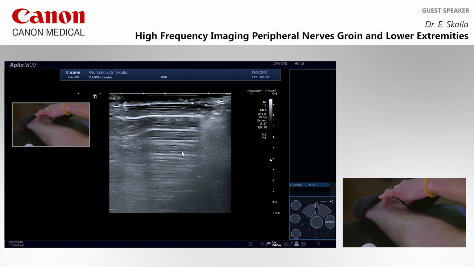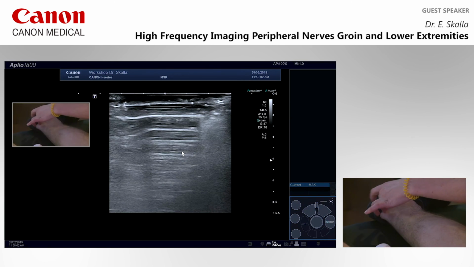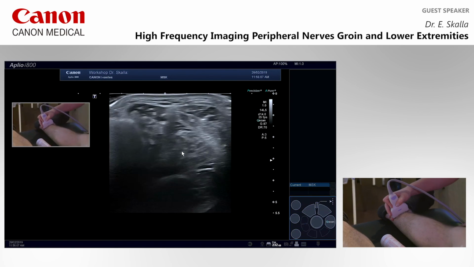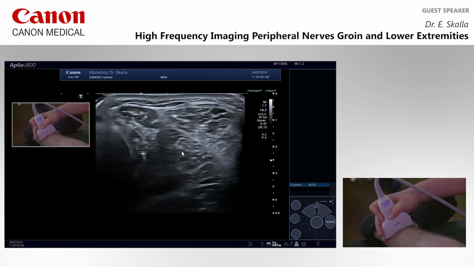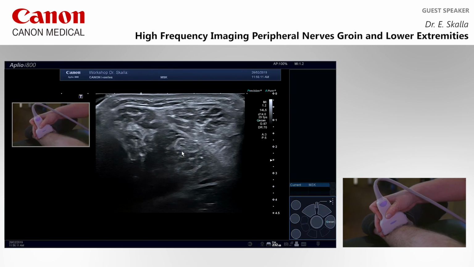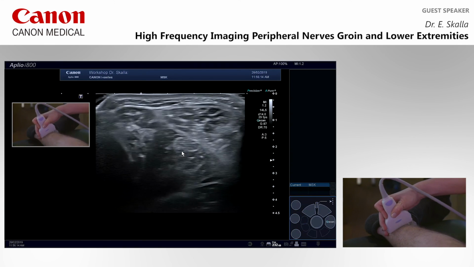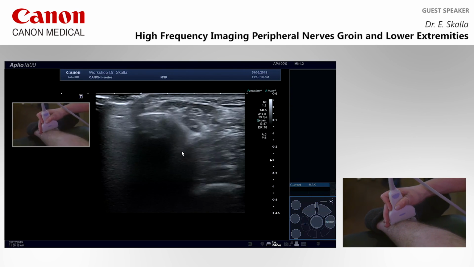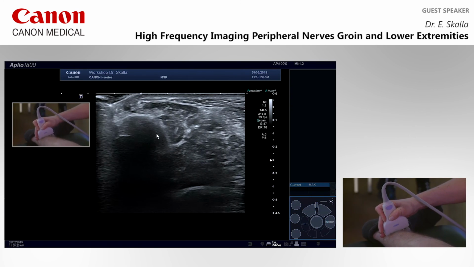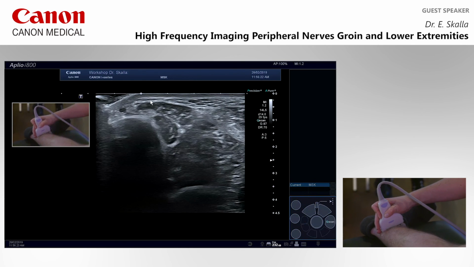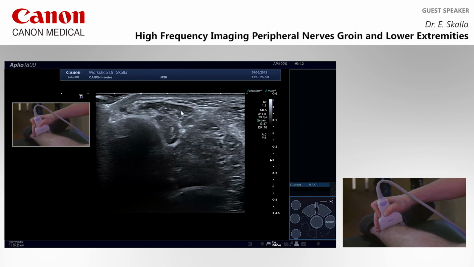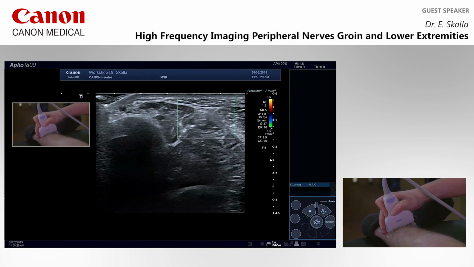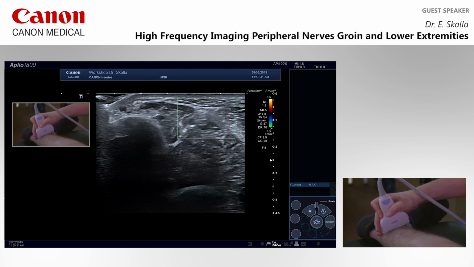We have the inner ankle, the Achilles tendon, and here this groove between those structures. We put the probe in a transversal approach. And here we have the tibia, the flexor muscles, soleus muscle, and in between the pulsation of the posterior tibial artery.